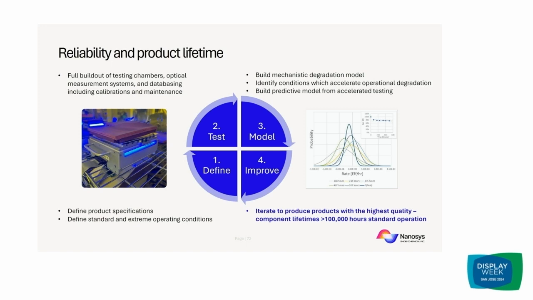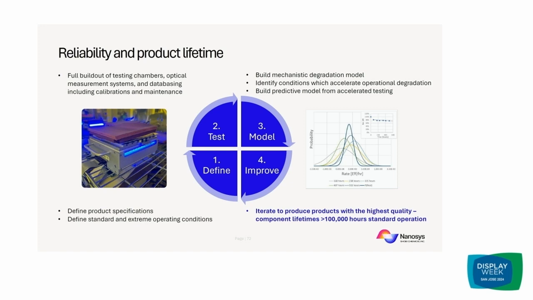You would first have to define for your product what its specifications are, what are standard and extreme operating conditions that your material might see. You would need to test that your material can survive in all of those different cases. So this would have to do with what tests you build, testing chambers, optical measurement systems, how you actually collect and database and model that information, which moves into the modeling that you need to form a fundamental mechanistic model of what is actually happening to your material and product out there.